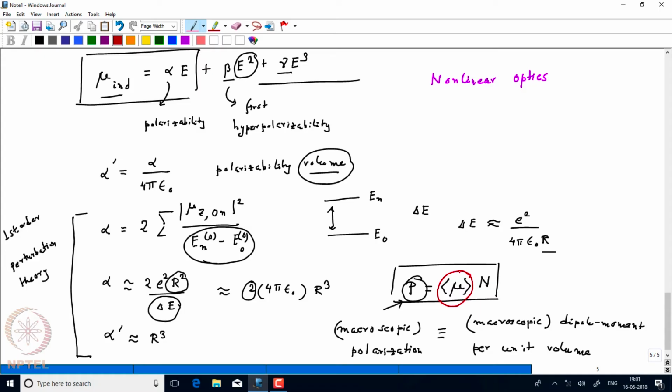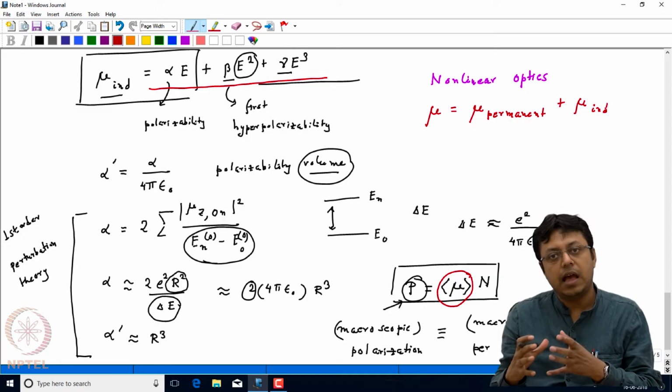Now, you can think that the way we have written this equation of mu induced, it depends on the electric field. The total mu will be something like the mu permanent, which we talked about at the very beginning, because molecules may have a permanent dipole moment, and then the induced dipole moment.